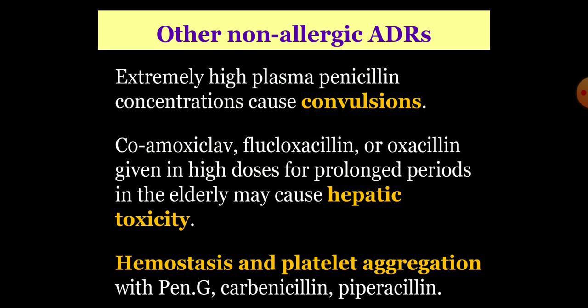Impaired hemostasis and platelet aggregation with penicillin G, carbenicillin and piperacillin is very rarely observed. Amoxicillin and clavulanic acid combination, the penicillinase resistant penicillin, in high doses for prolonged periods in elderly may cause liver toxicity.